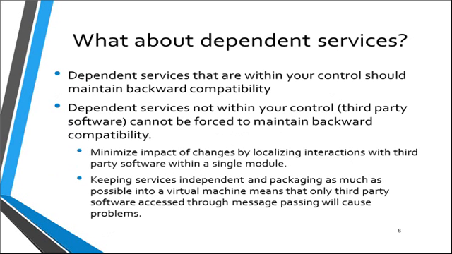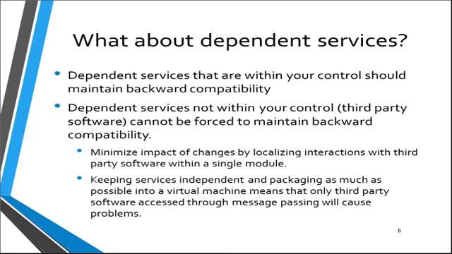What about dependent services? Those are the green ones in that picture, the ones downstream. The ones that are within your control should maintain backward compatibility. If you've updated them, but their clients have not been updated, we have exactly the same situation.